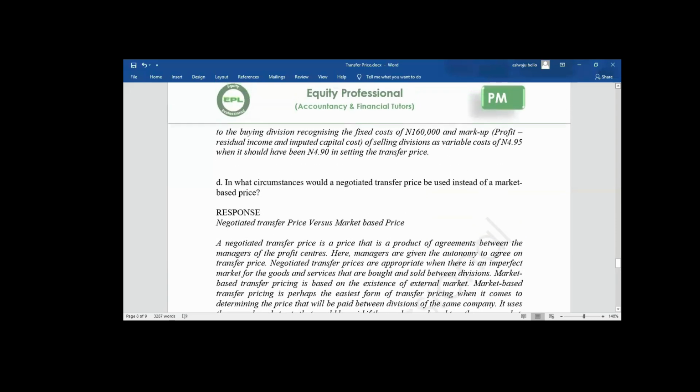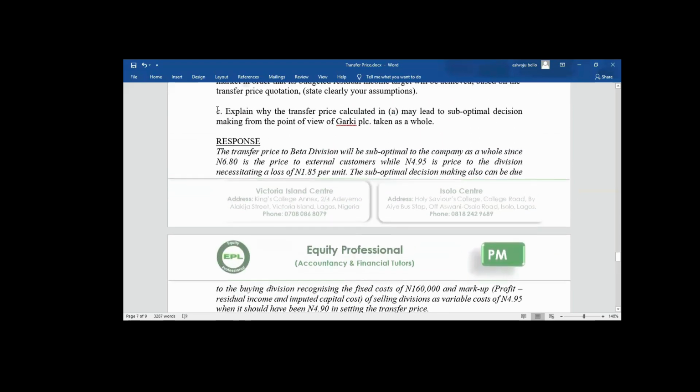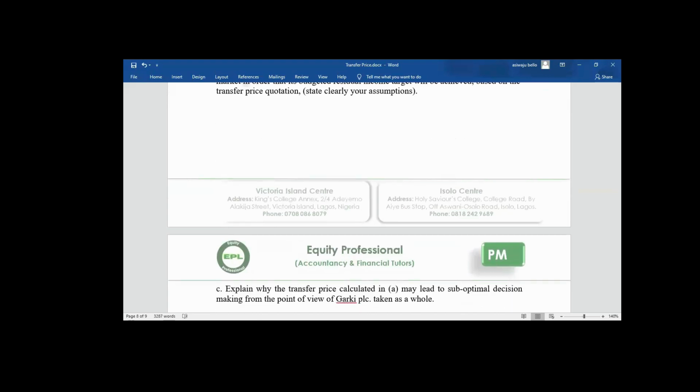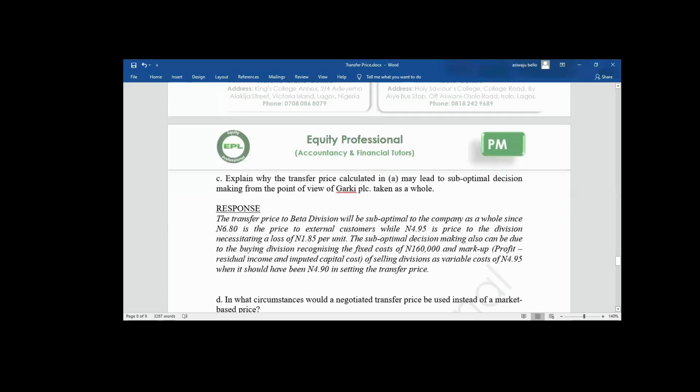Hello, sir. Yeah. Since the question says that the Alpha division can only sell 700,000 units out of the 900,000 that they are producing, shouldn't the remaining 200,000 that will be transferred internally be a profit? Because they can't sell it outside. How does it become a profit now? I agree you can't sell outside.